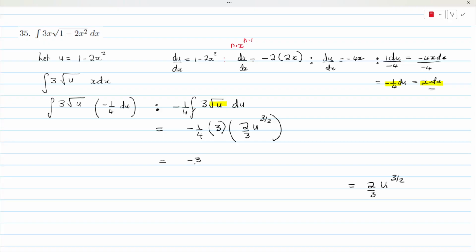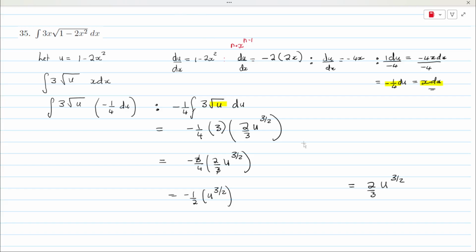This becomes negative 3 all over 4 multiplied by 2 all over 3 u exponent 3 over 2. So now I can further evaluate: this 3 and this 3 cancel, so this becomes 1, this becomes 1. 2 divided by 4 is the same as negative 1 all over 2 u 3 all over 2.